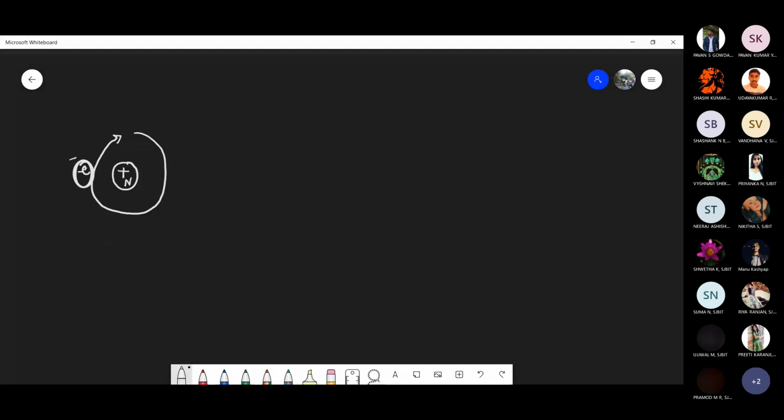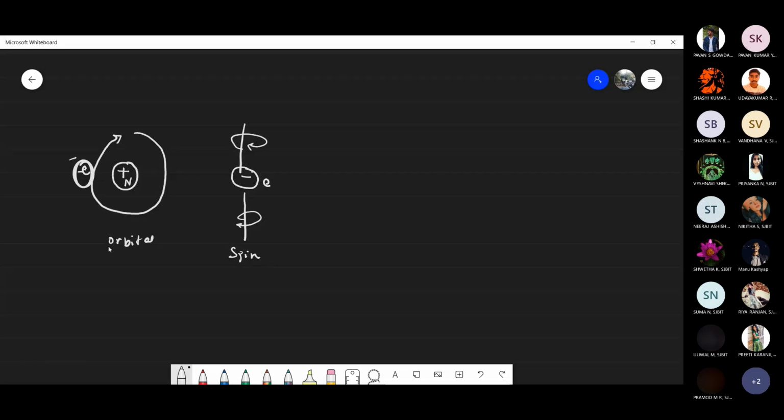Also, the electron rotates on its own axis, and this motion is called spinning motion. The electron spins, and this is orbital motion.